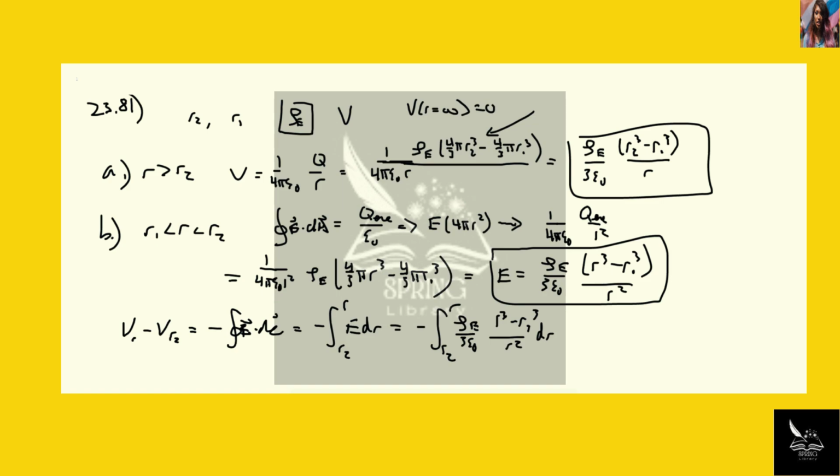Okay, so this is a fairly challenging integral. Not actually, because we can just simplify this, pull out rho E over 3 epsilon naught, integral from R2 to r, and we should have r prime minus R1 cubed over r prime squared, dr prime.